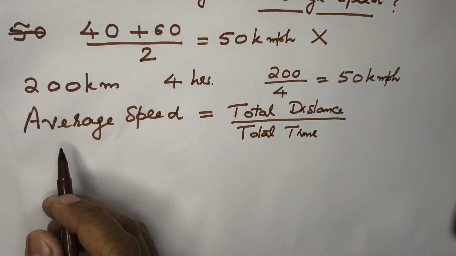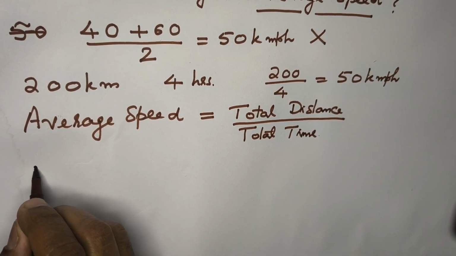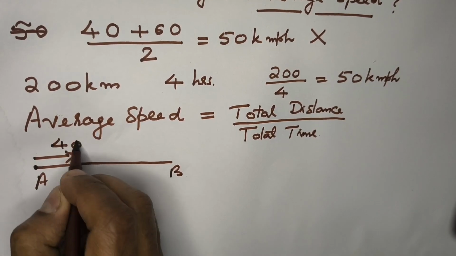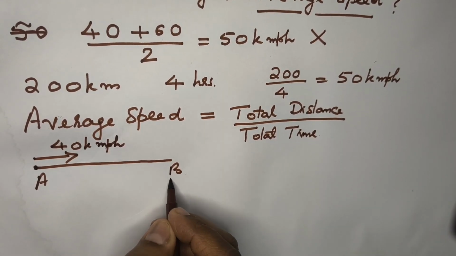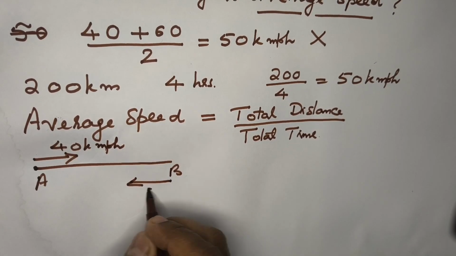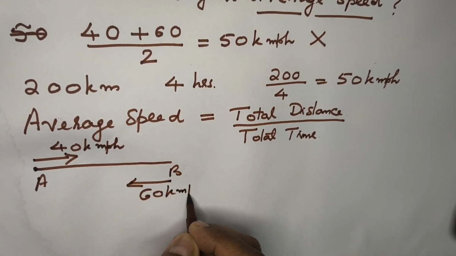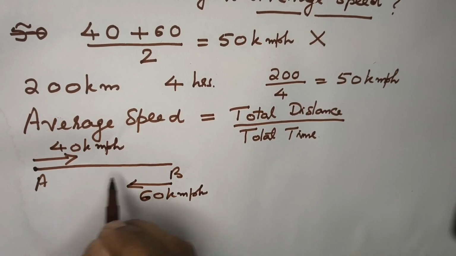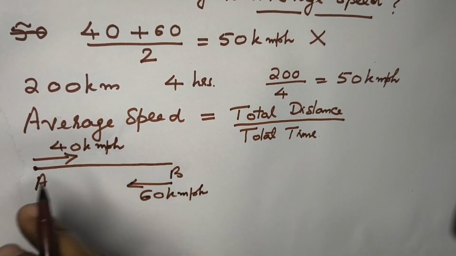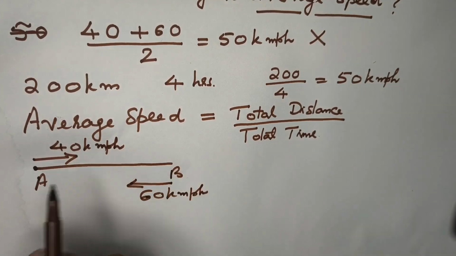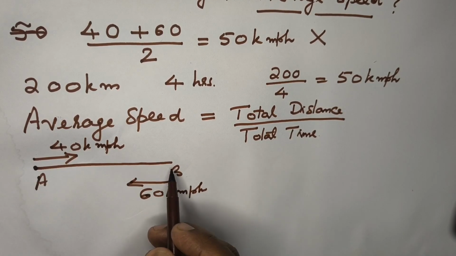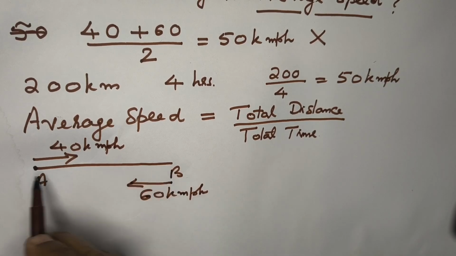Now, in this problem, they say somebody had gone from A to B at 40 kilometer per hour, and after reaching here, he returned to point A at 60 kilometer per hour. In this problem, the distance between A and B is not mentioned. Even then you can calculate average speed. You don't really need the distance between A and B, or rather the length of this linear stretch AB.